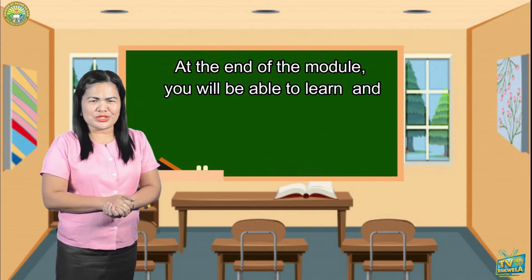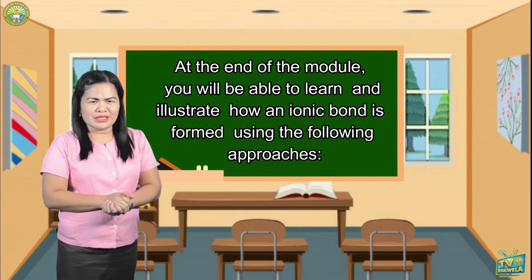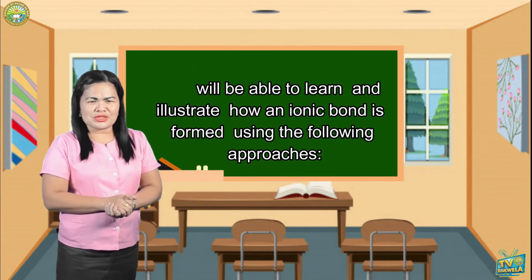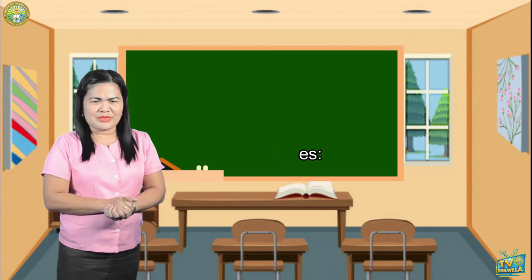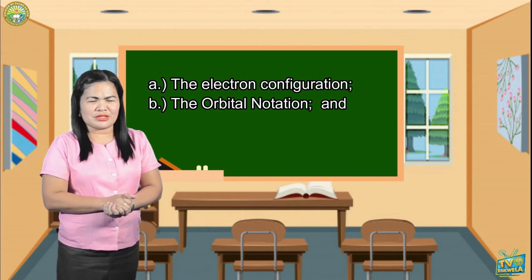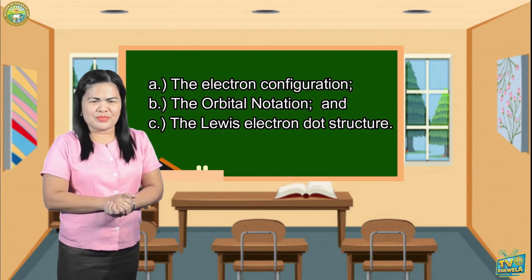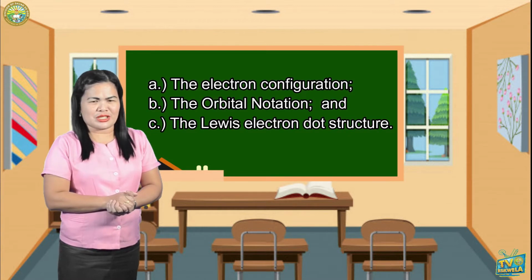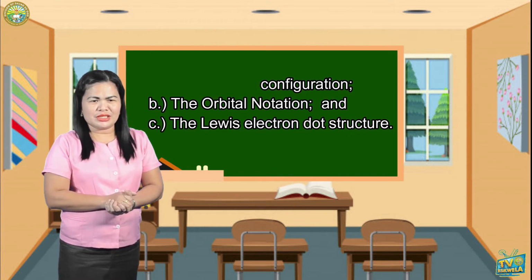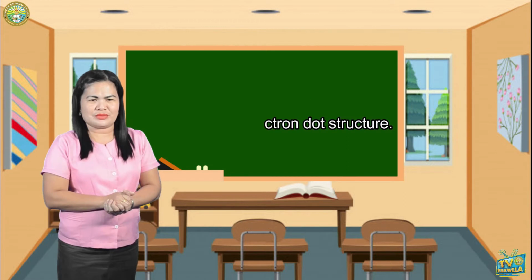At the end of the module, you will be able to learn and illustrate how an ionic bond is formed using the following approaches. A. The electron configuration. B. The orbital notation. And C. The Lewis electron dot structure.